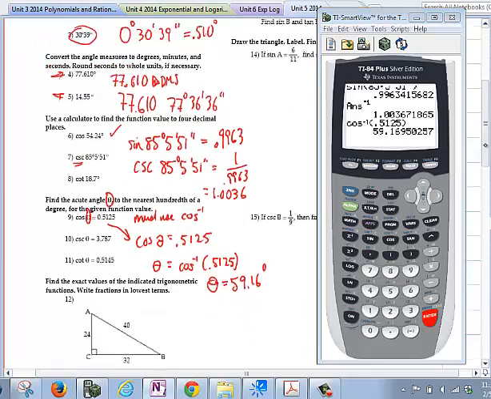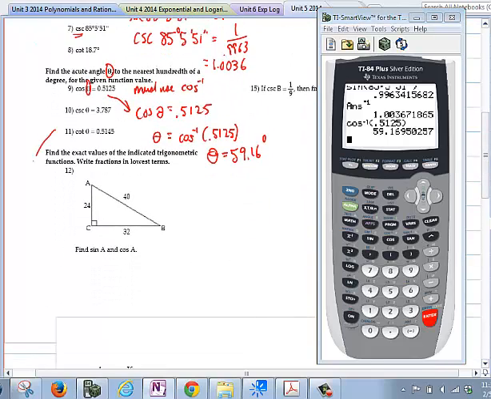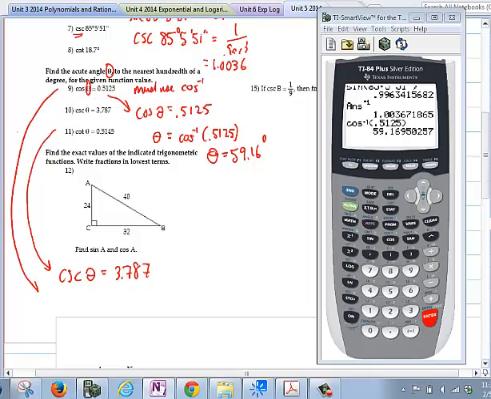Now we have a problem that was our hardest problem in class today, and I asked you to practice some more of these. So that's where you have the cosecant of theta is equal to 3.787. The first thing you need to do is turn that into a regular trig relationship. So you would want to consider the sine, because that is the reciprocal of cosecant.